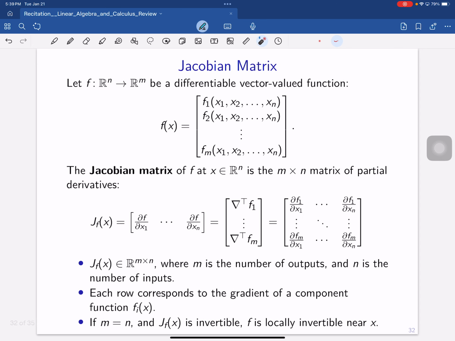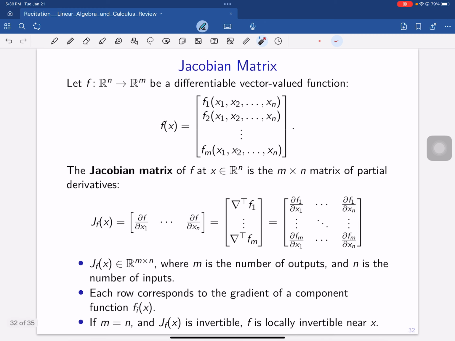And then we will go to a few more definitions. If you have a function in high dimension where you map an n-dimensional vector to an m-dimensional vector, right? Suppose you have m different functions, f1 all the way to fm, then the Jacobian matrix of a function is defined as follows, where each row of this Jacobian matrix represents the gradient transpose of the function, okay?